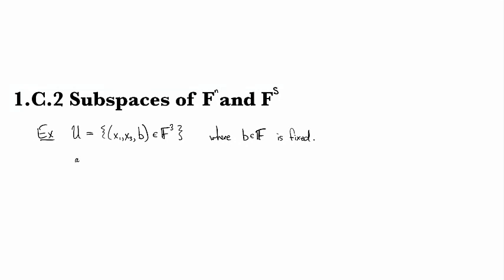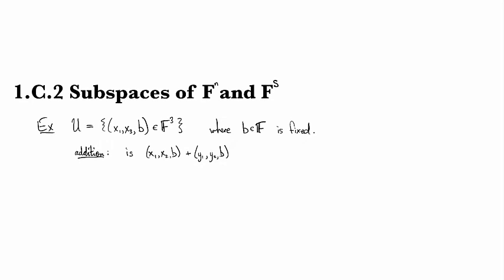Okay, so let's check the addition property. Is it closed under addition? Well, let's see. Is it the case that if we look at (x1, x2, b) and some other point from U, say (y1, y2, b), and we add them together, do we get something that's back in U?